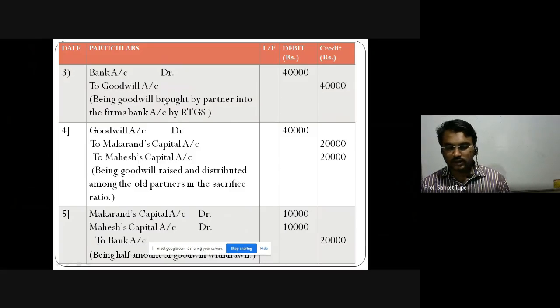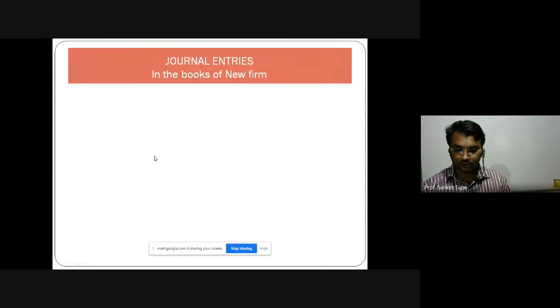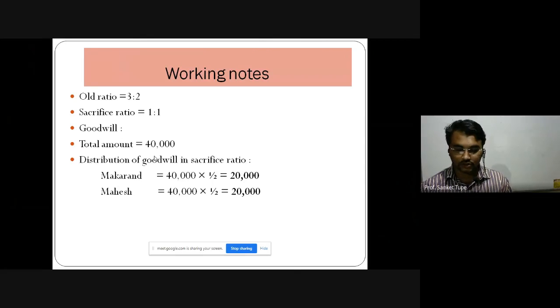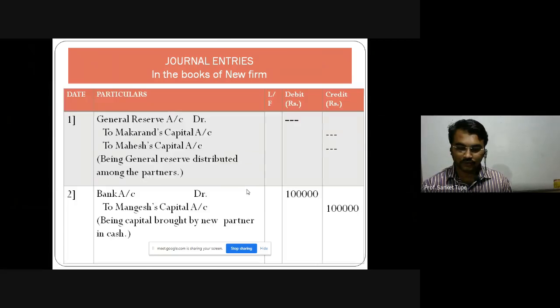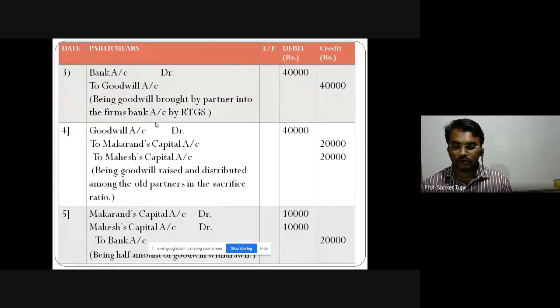And next step is a distribution of that goodwill amount. So goodwill, if it is firstly created, now it should be debited. Goodwill account debit 40,000 to Makarand capital account and to Mahesh capital account. As we had discussed, distribute this amount of goodwill in the sacrifice ratio, that is 1:1, 20,000. So the same amounts we will credit to Makarand and Mahesh, these two partners.